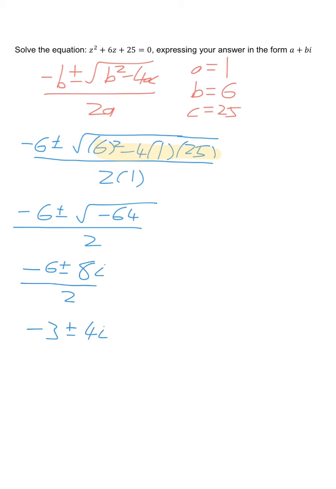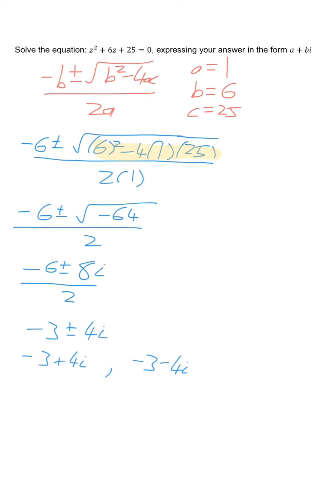So there are two answers, minus 3 plus 4i and minus 3 minus 4i. You'll always see that complex roots are always the conjugate of each other. So you can see the conjugate of minus 3 plus 4i is minus 3 minus 4i.